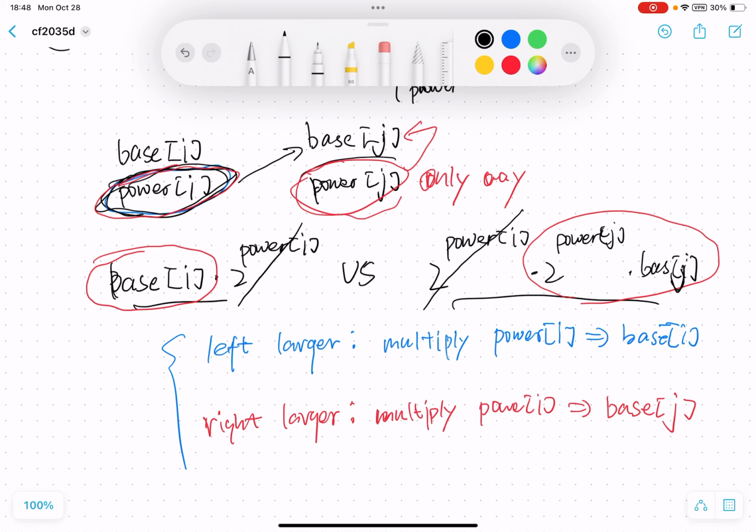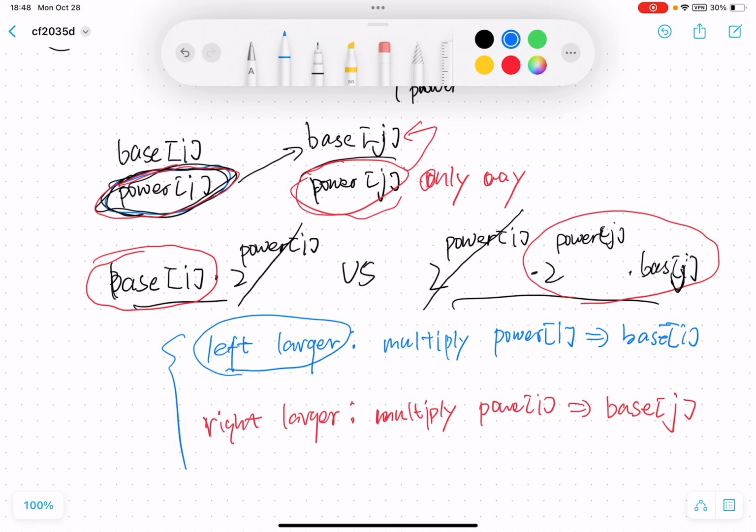And last one is 2 to the power of g and base g. If the first one is larger, we should multiply the power I into the second one. In contrast, if the right is larger, we don't. Okay, let's make it clearer.